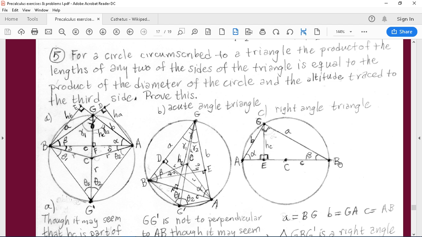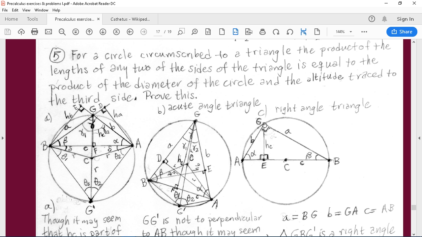Okay. So, if we choose a and the diameter of the circle, if we multiply a times D, then it should be equal to the altitude traced to the third side times the diameter of the circle. Now, what is the third side? The third side is simply the cathetus GA, with length equal to lowercase b.